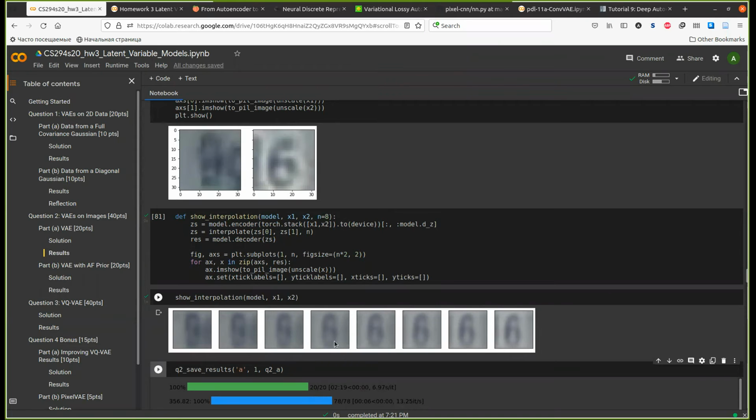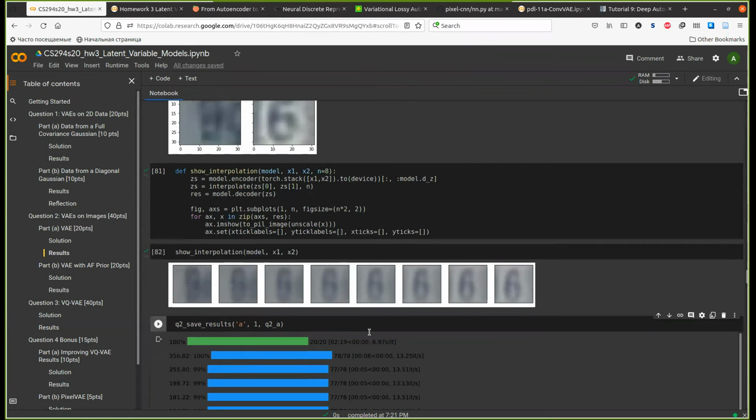So the idea of having a latent variable is that our model should output something kind of concrete, right? Not some kind of mixture of 8 and 6, but it should be either one or another. Like the in-between outputs should be meaningful as well.